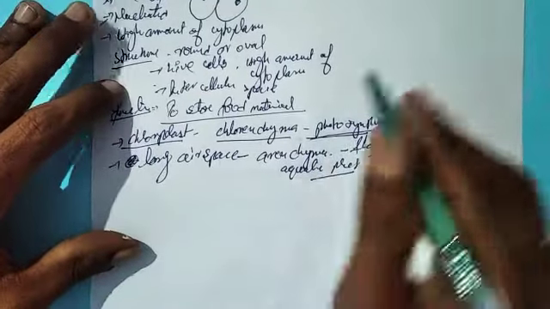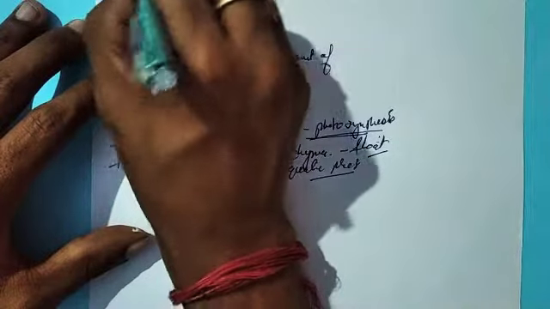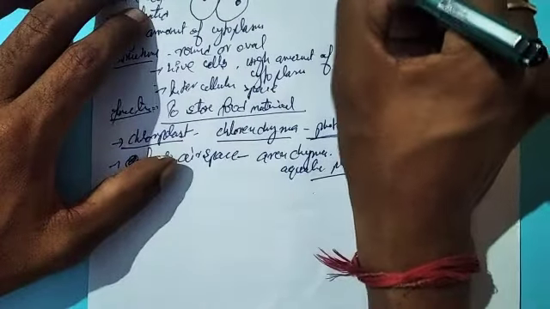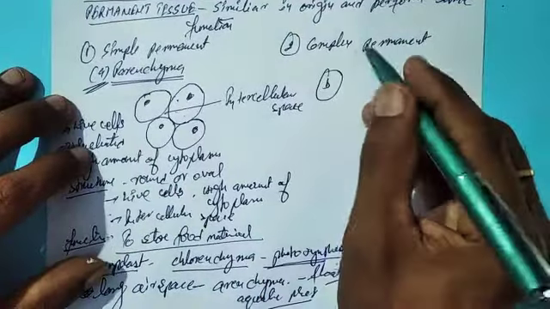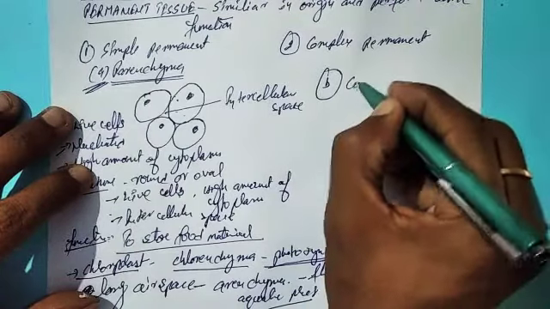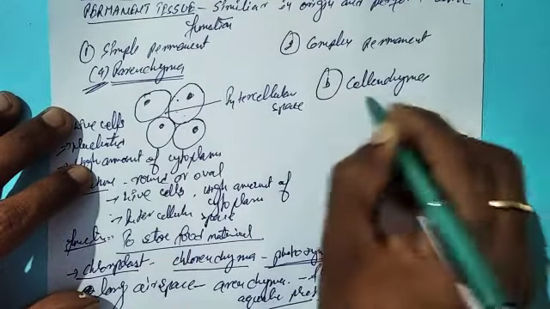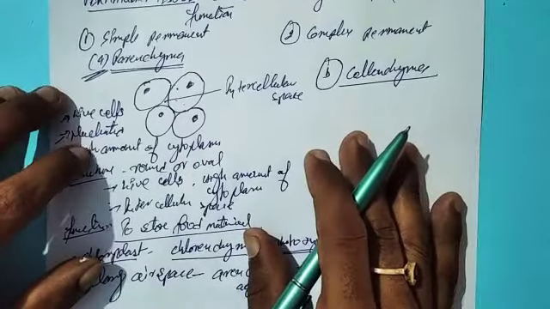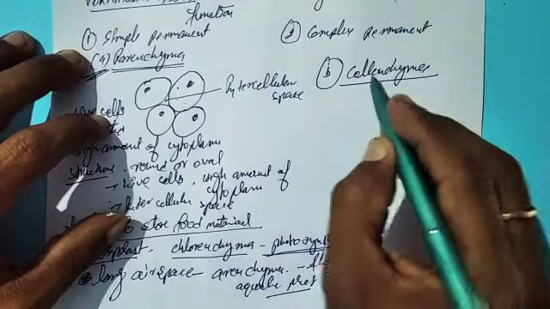Okay, now the second, B, is collenchyma. Structure: we again understand the structure with the help of a diagram.